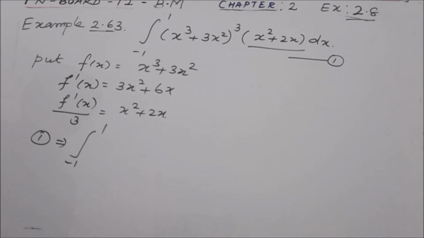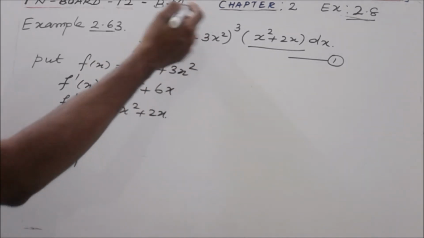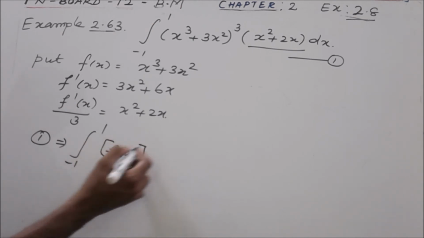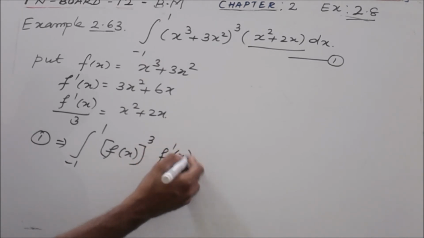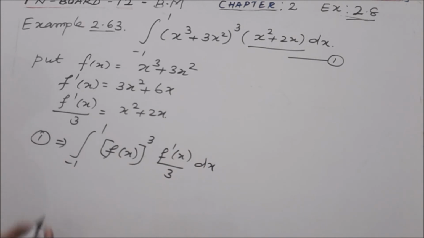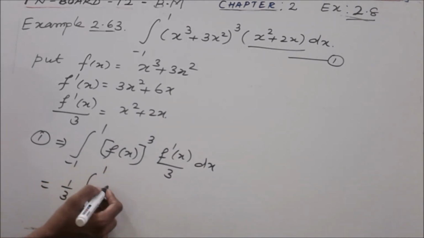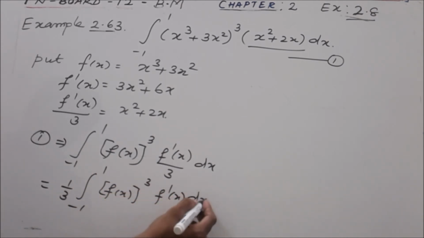So you need not change the limits. You can directly substitute. This one is f of x whole cube, and the remaining is f dash of x by 3 into dx. Taking 1 by 3 out, 1 by 3 integral minus 1 to plus 1 f of x whole power 3 into f dash of x dx.